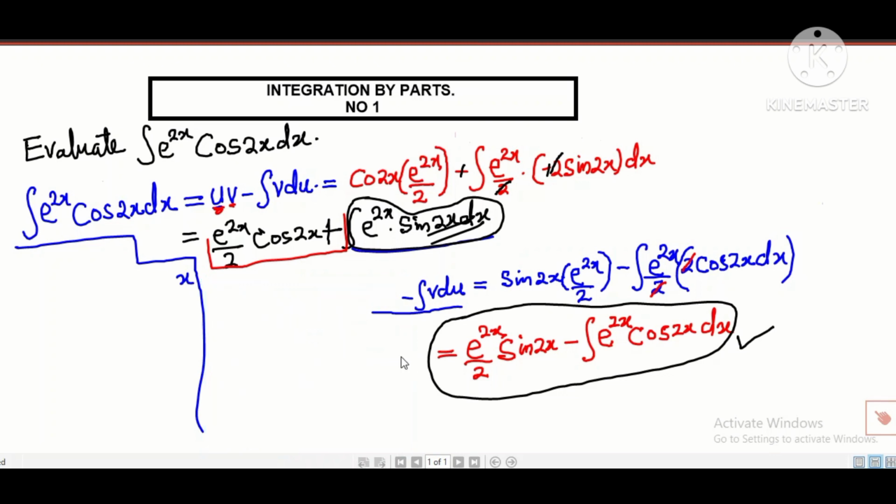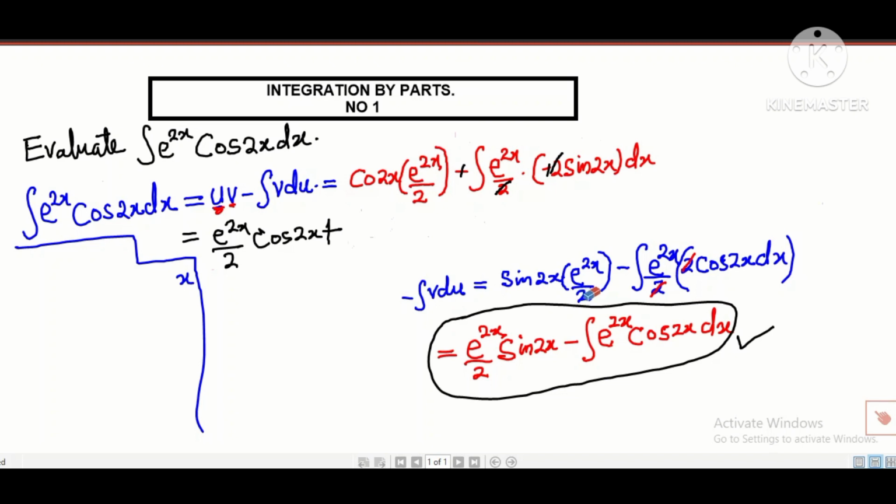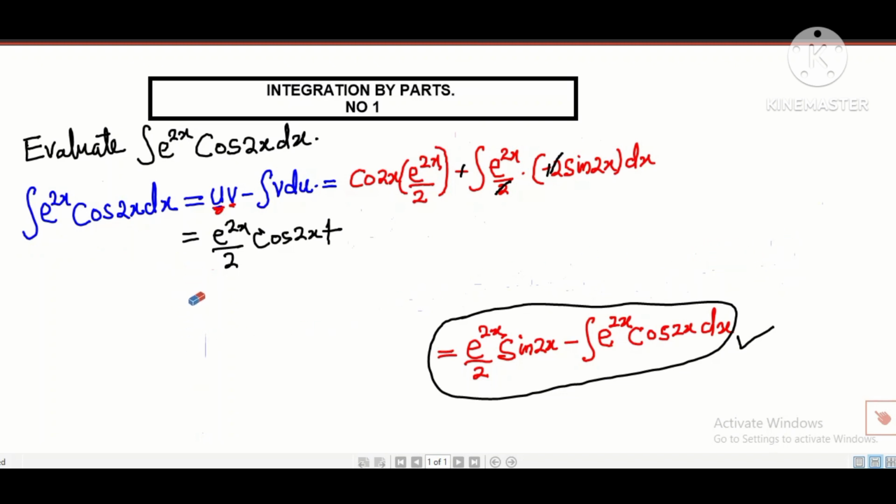Let me also clean this part. Okay, so I have removed that, so I'm going to put this.